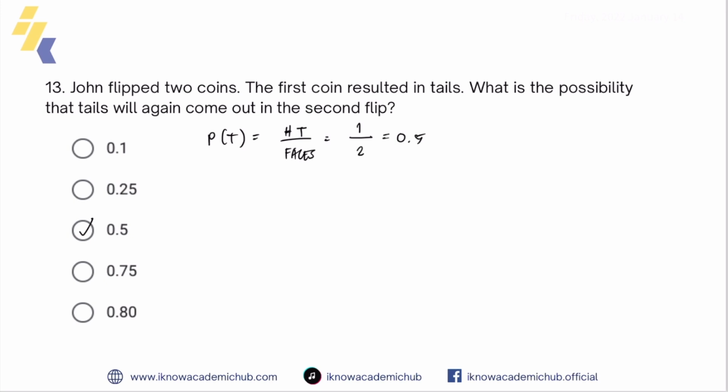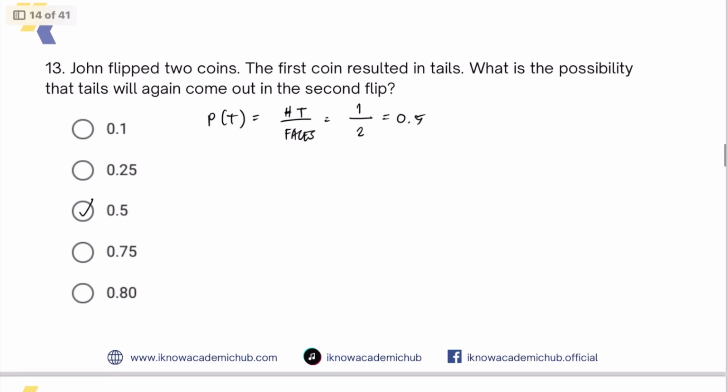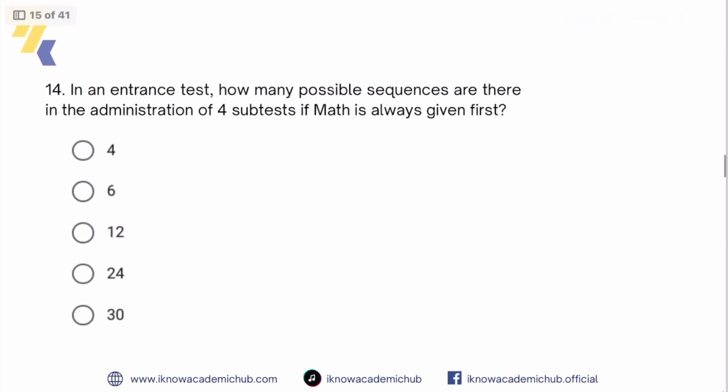Okay. Next number, we have in an entrance test, how many possible sequences are there in the administration of 4 subtests if math is always given first? So we have 1, 2, 3, 4 subtests.